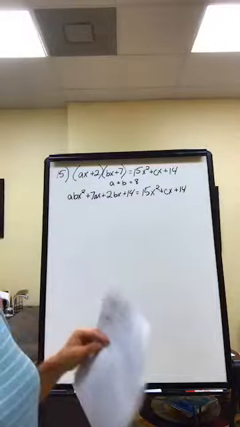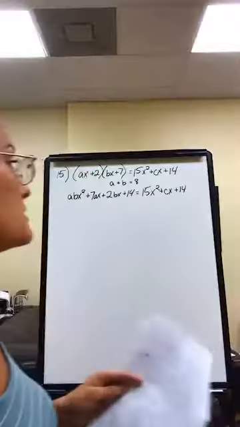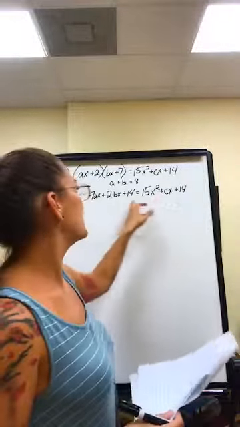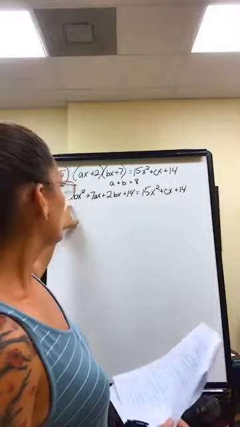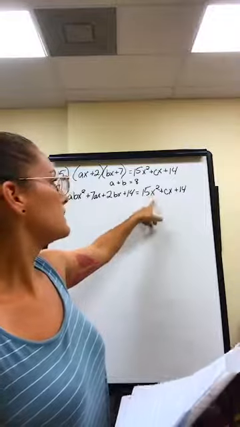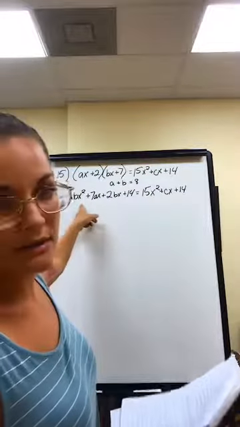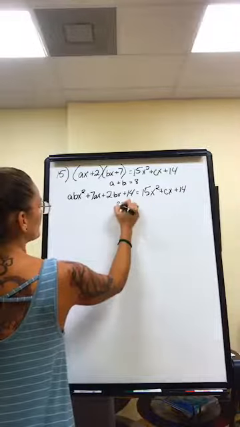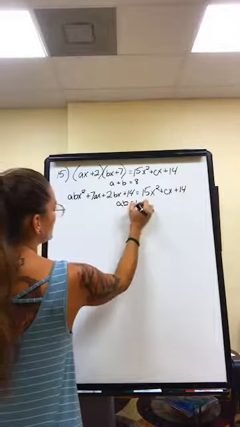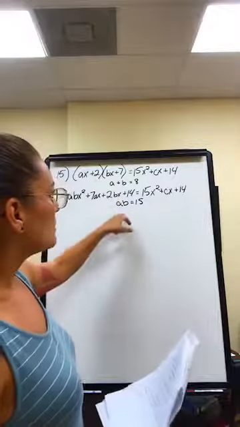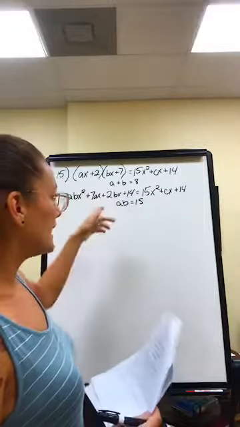All right, so right away we can notice some similarities. We definitely see that this 14 is the same. We see that ab has got to equal 15, okay? Because 15 is with the x squared here, ab is with the x squared here. So we know that ab equals 15. We're given that a plus b equals 8.